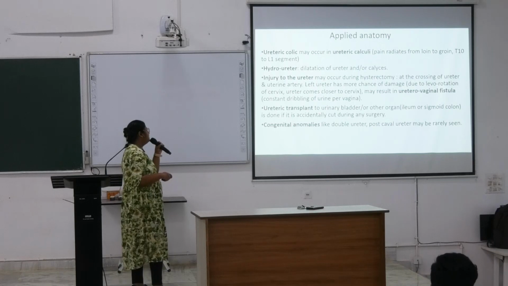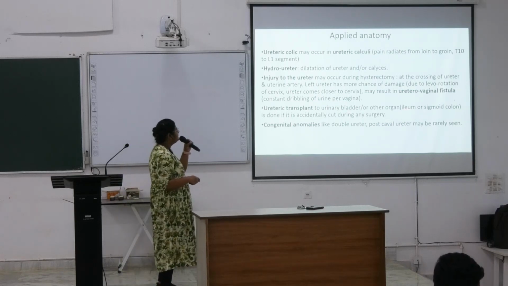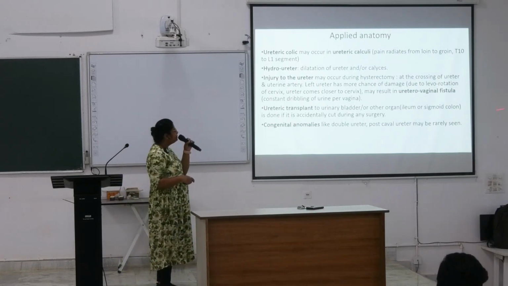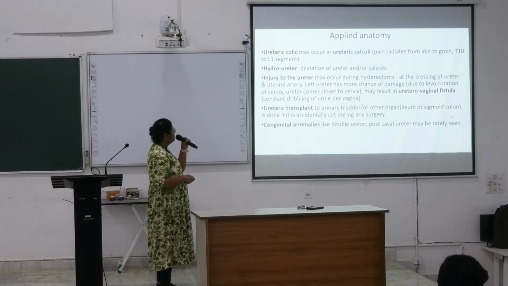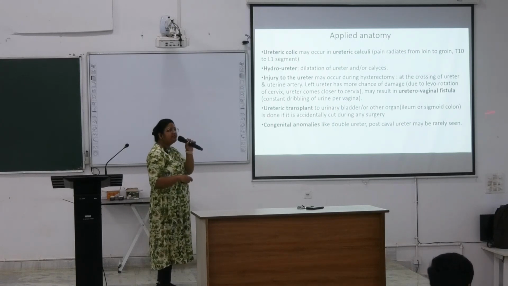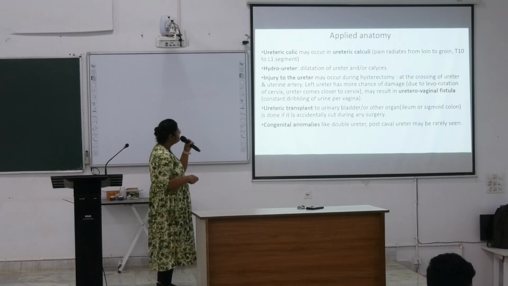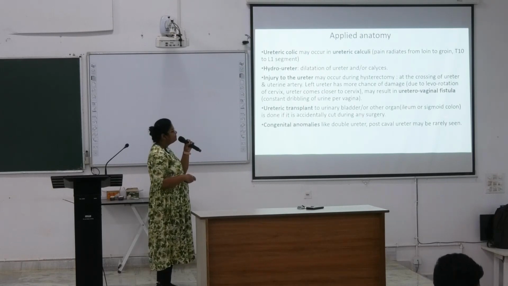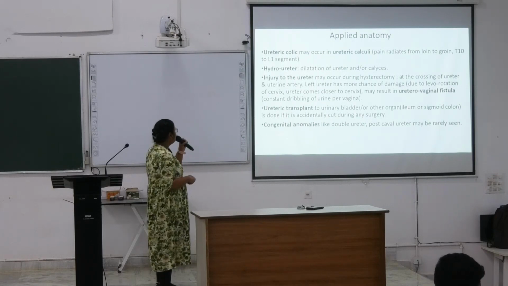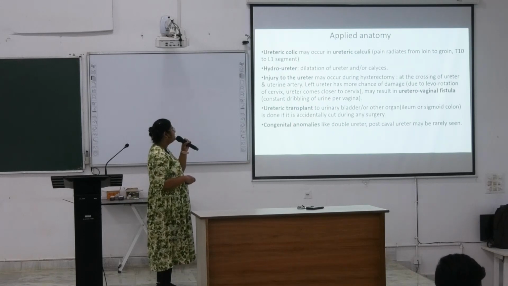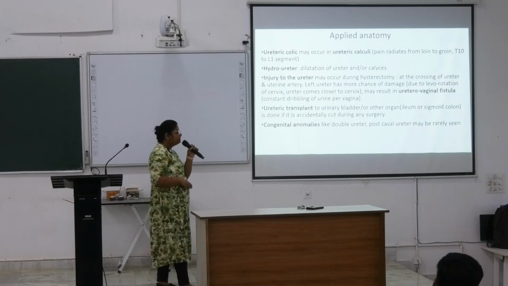Ureteric transplant to the urinary bladder or other organs like ileum or sigmoid colon can be done if it is accidentally cut during any surgery. Okay, it is anastomosed with the bladder or ileum or sigmoid colon. Congenital anomalies like double ureter and postcaval ureter may be rarely seen.